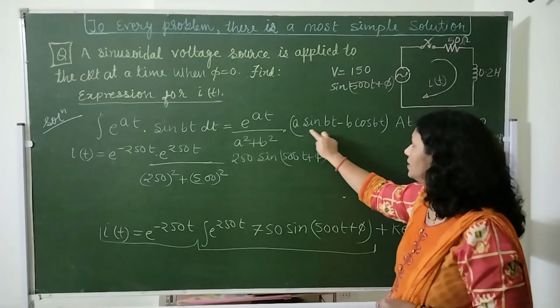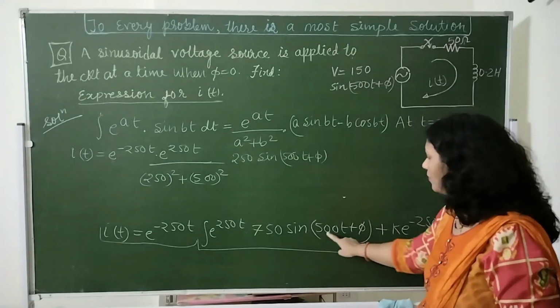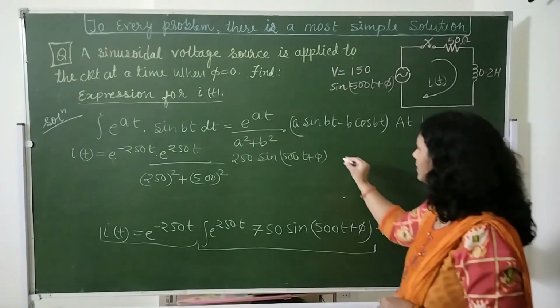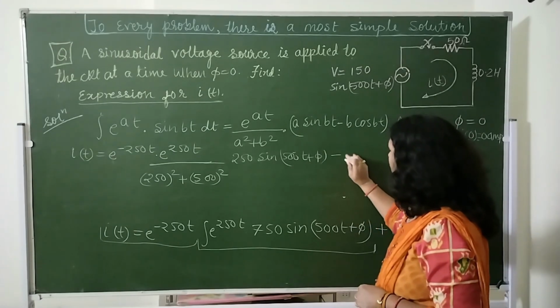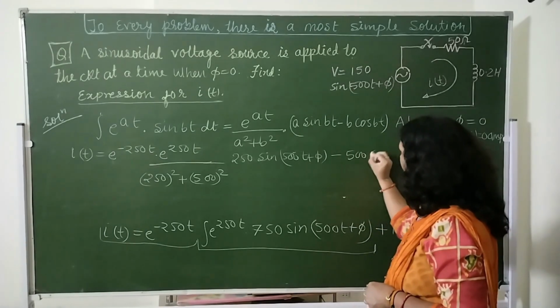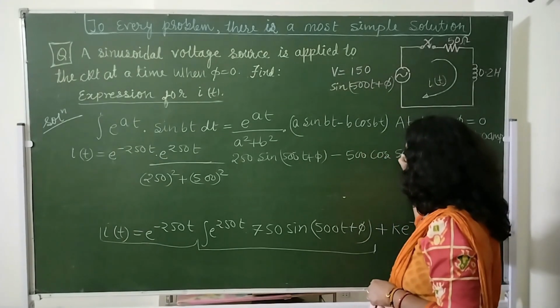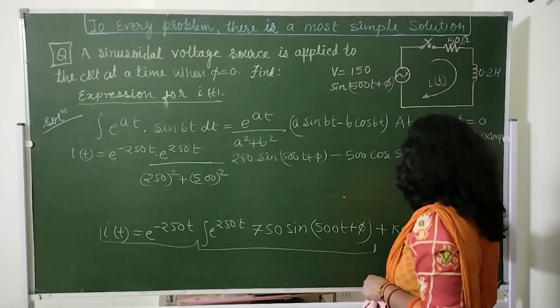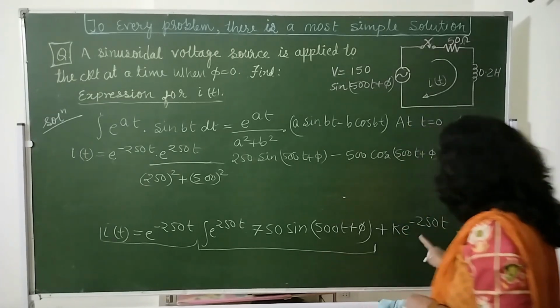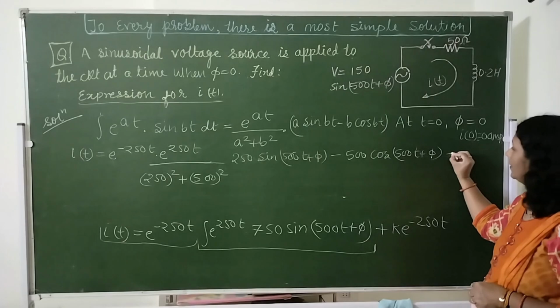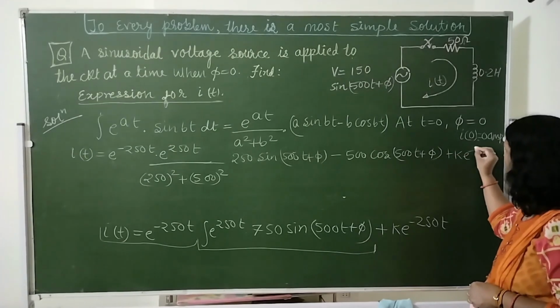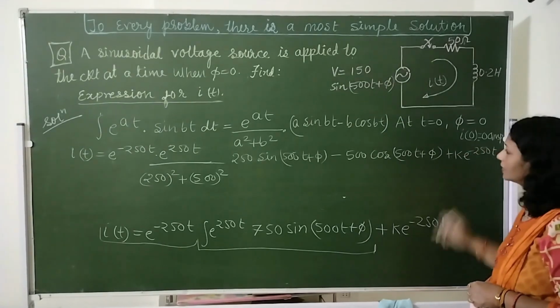Note that the whole angle will come here, 500t plus phi, minus b, which is 500, cos of the complete angle 500t plus phi, and the last term is K e to the power minus 250t.